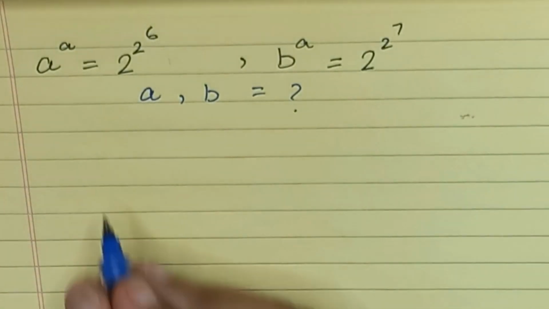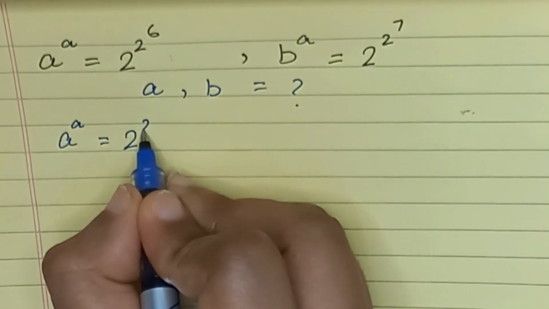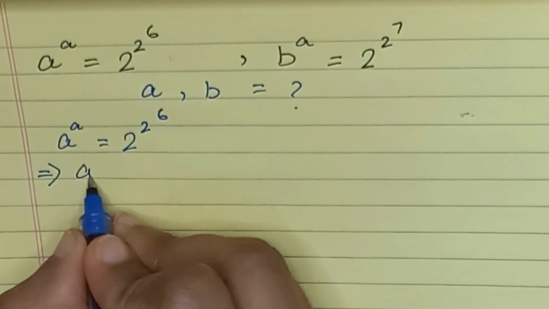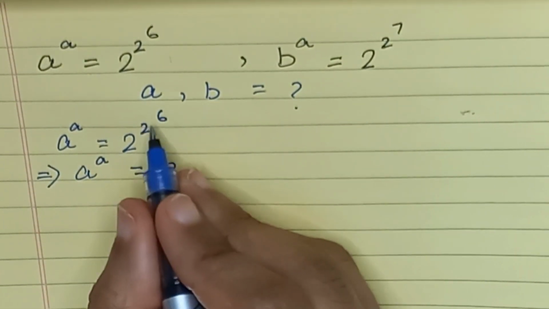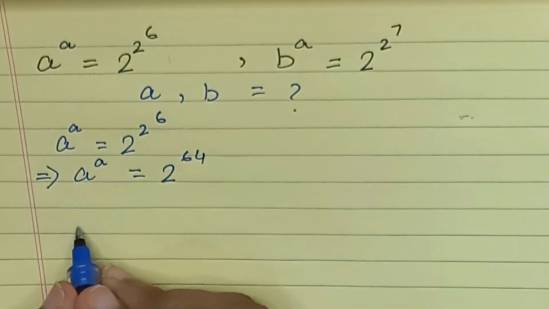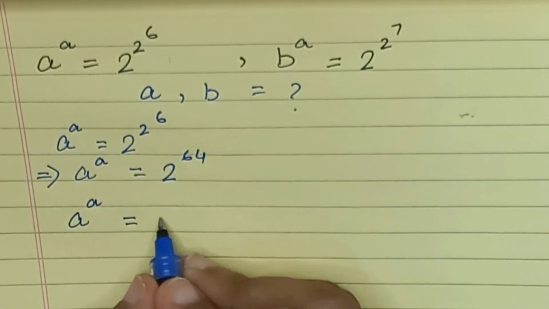So from this equation, a raised to the power a is equal to 2 raised to the power 2 raised to the power 6, we have a raised to the power a equal to 2 raised to the power 64, since 2 raised to the power 6 becomes 64.